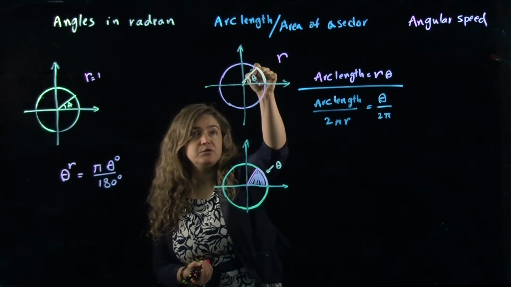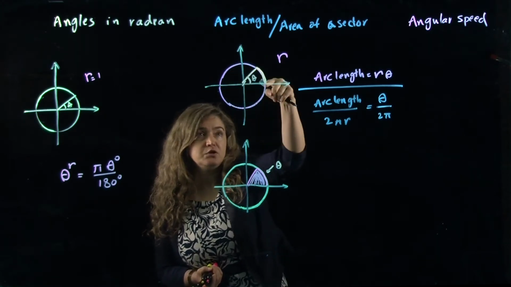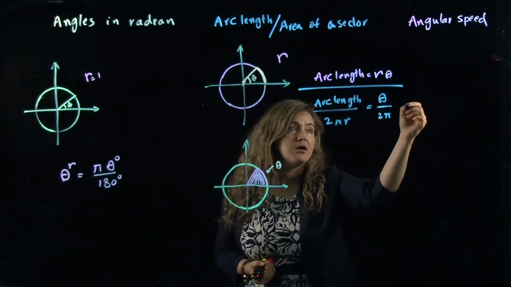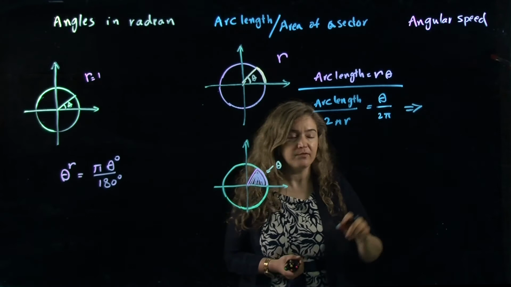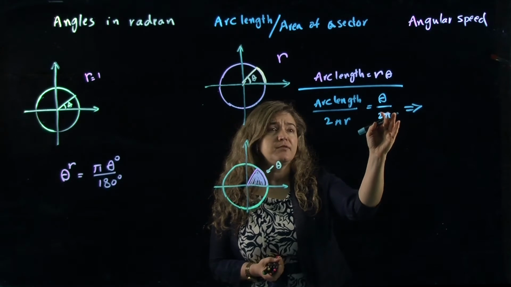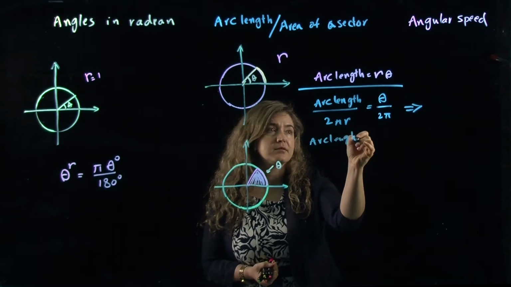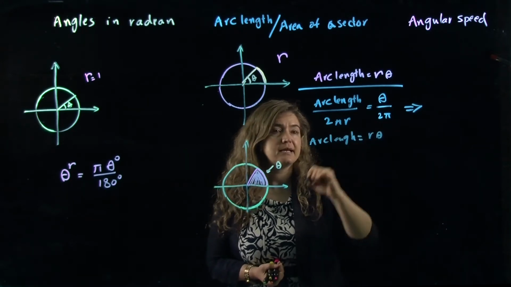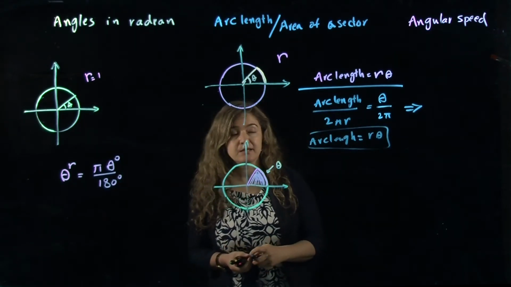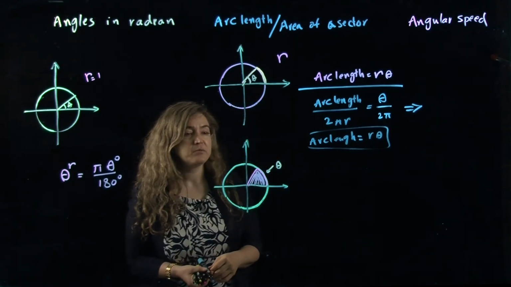So the ratio of theta over 2 pi is the same ratio as the arc length to the entire circumference. That's another logical way of deriving the same formula. And then the 2 and 2 simplify, pi and pi simplify, so you end up with arc length equal to r theta. So that was method 1 using that logic, and this is method 2 using the logic of the ratio between them.